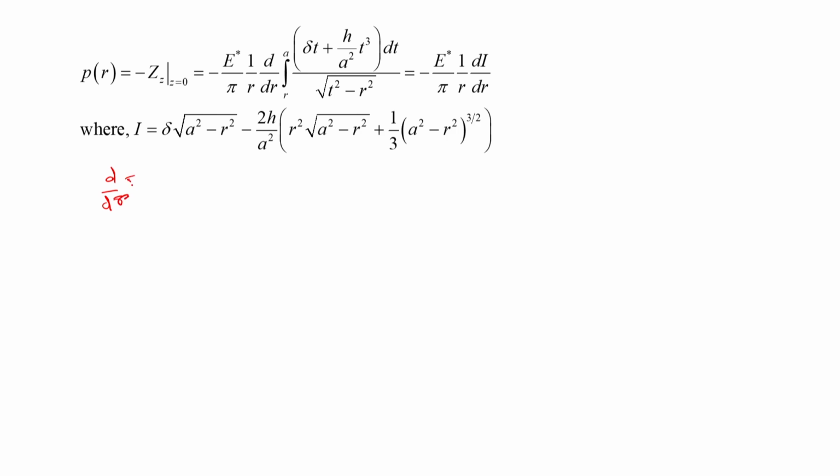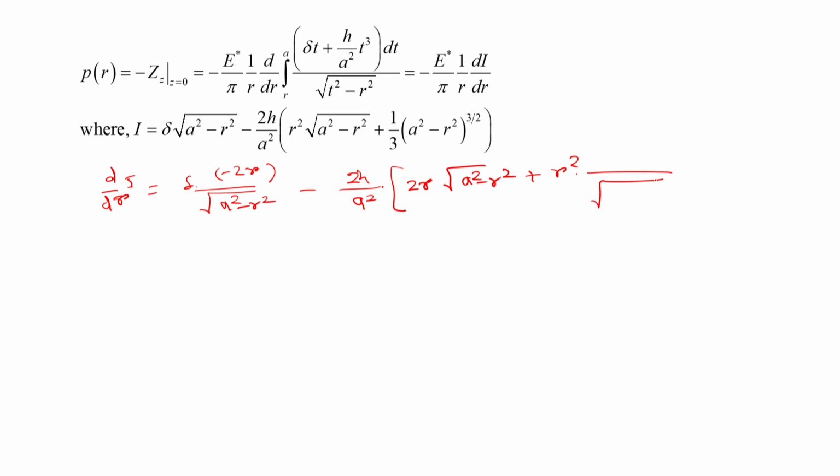So di by dr is equal to delta, and this is 1 by square root of a square minus r square, and this is here minus 2r minus 2h by a square, and over here let us say it is 2r into square root of a square minus r square plus r square into square root of a square minus r square to the power 2 minus 1.